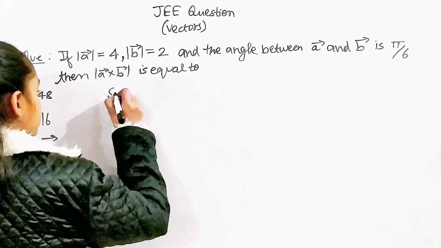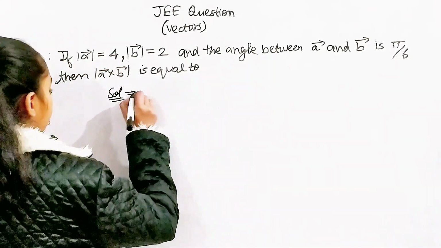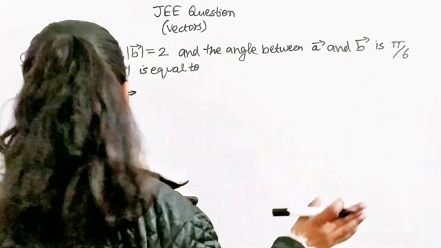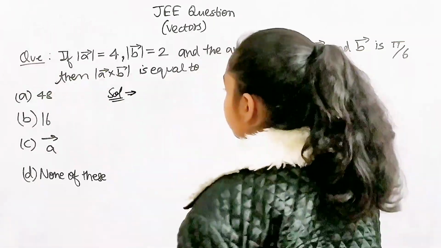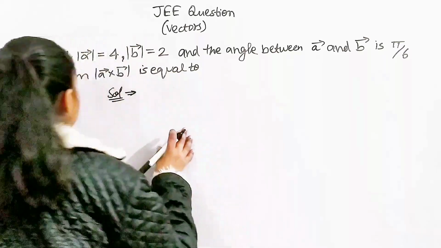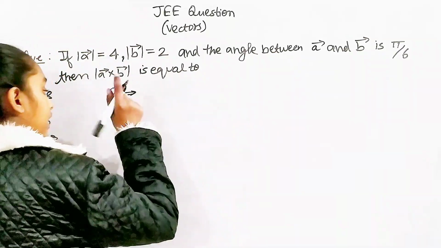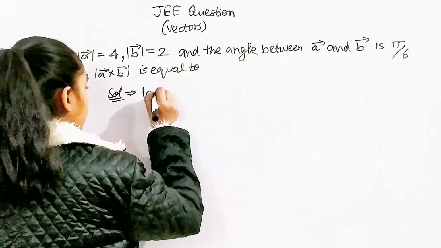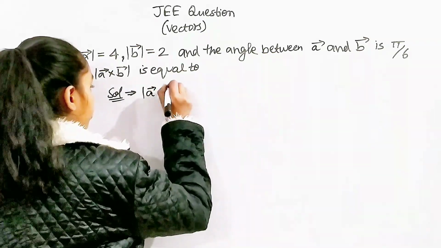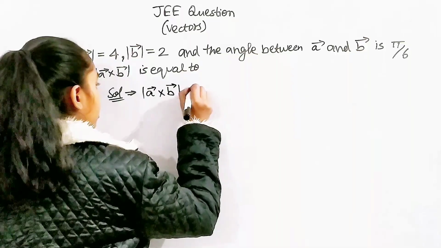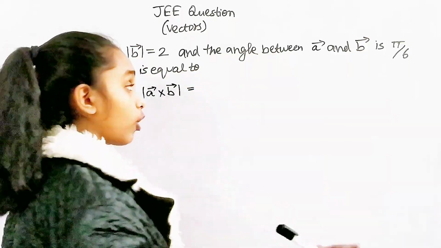Okay, so the solution. I think it's an easy question, not too hard. We have to find mod A cross B. According to the formula, I'm directly going to use it.